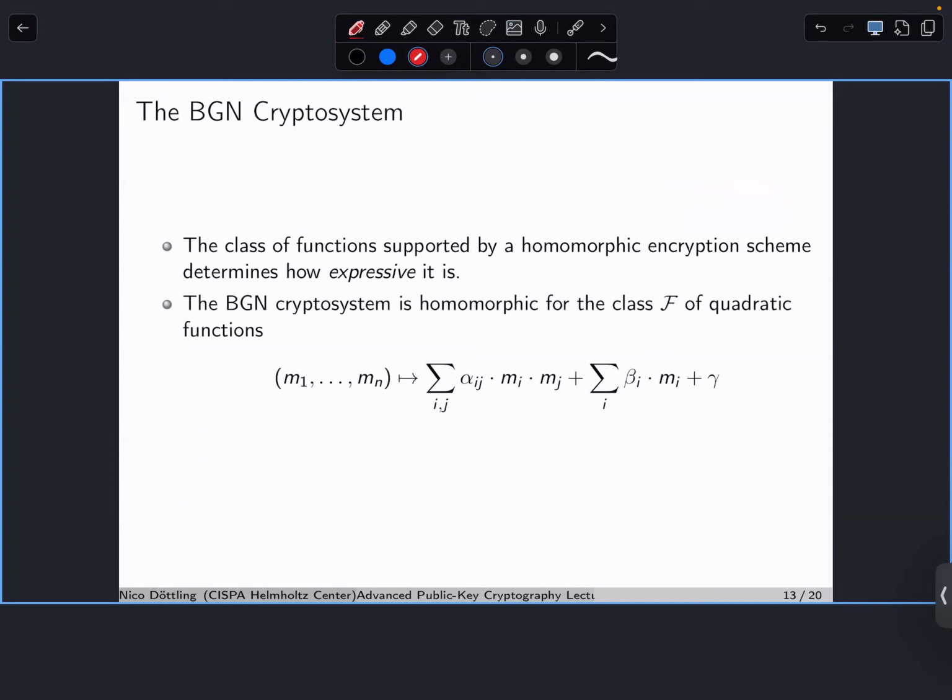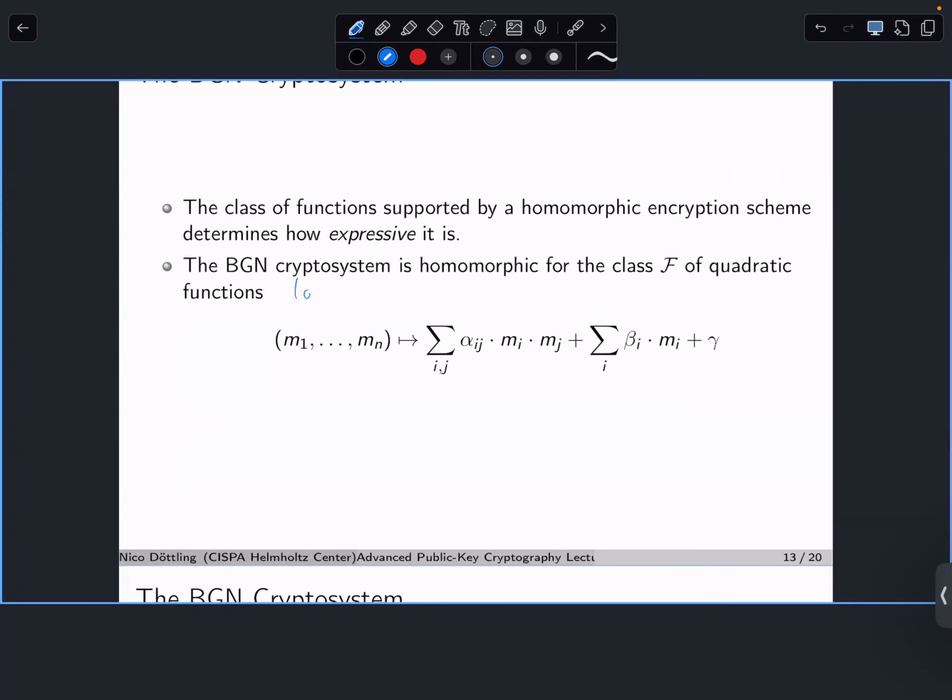the BGN crypto system looks at a very down-to-earth class of functions, namely quadratic polynomials, essentially quadratic functions over the integers, right?